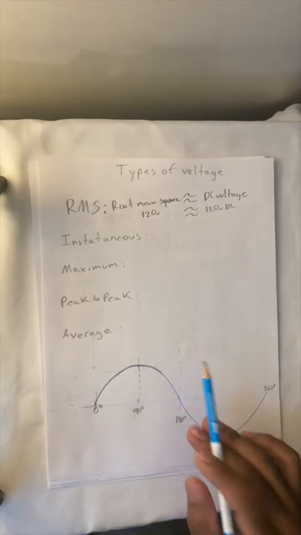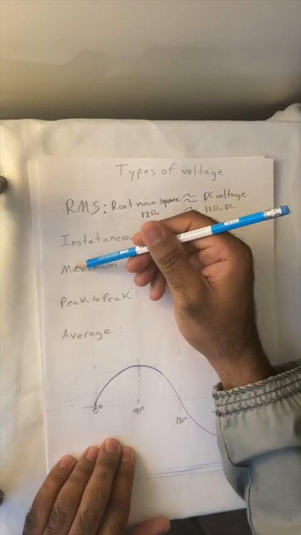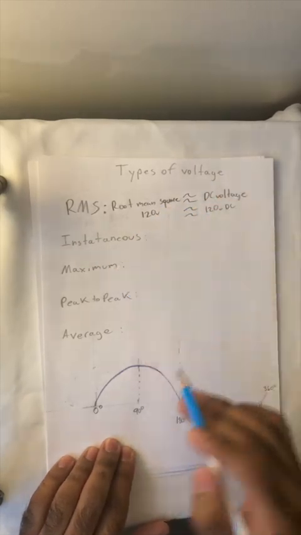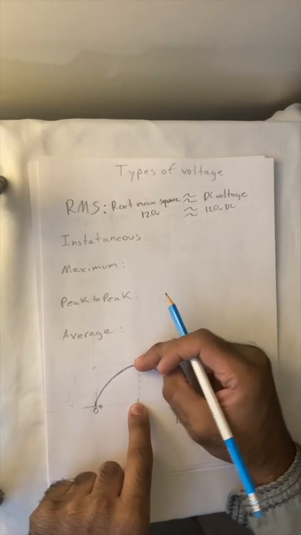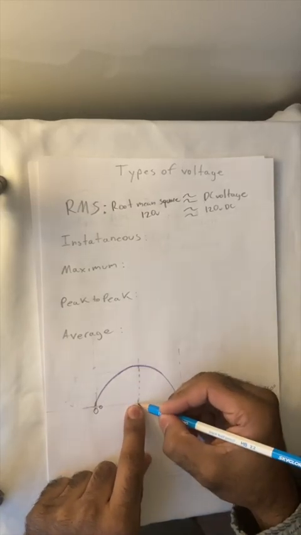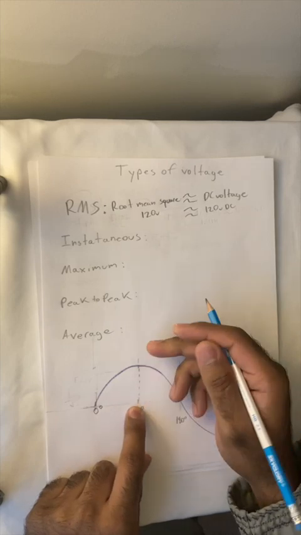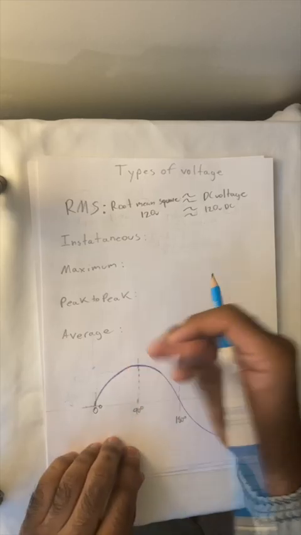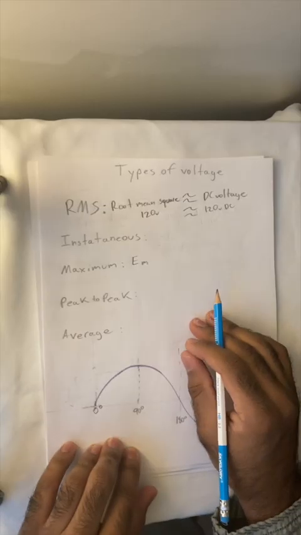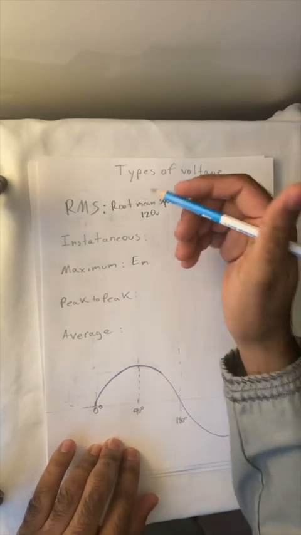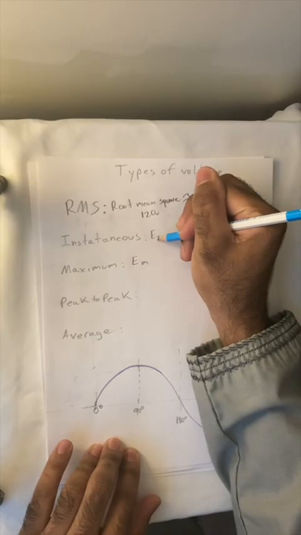That leads us to maximum voltage, which is the maximum between here and here, from the 0 up to this point. We will call it EM, E maximum. Instantaneous voltage we will represent as EI.